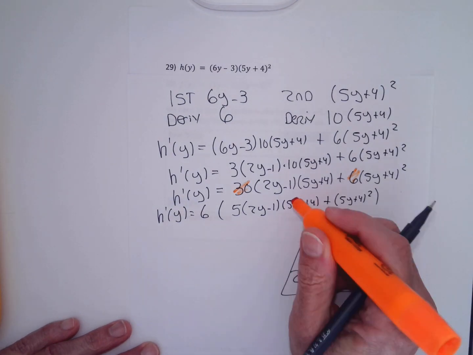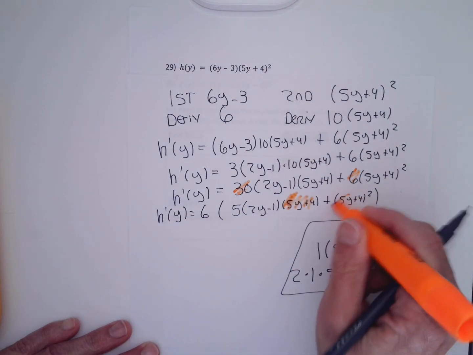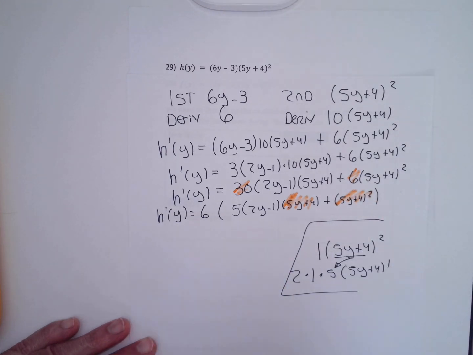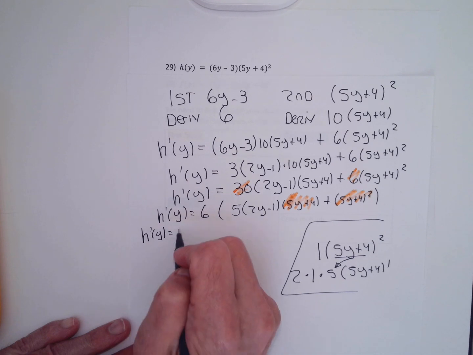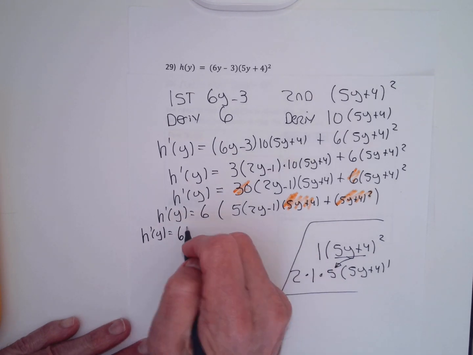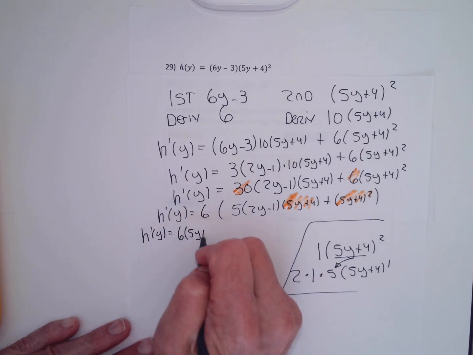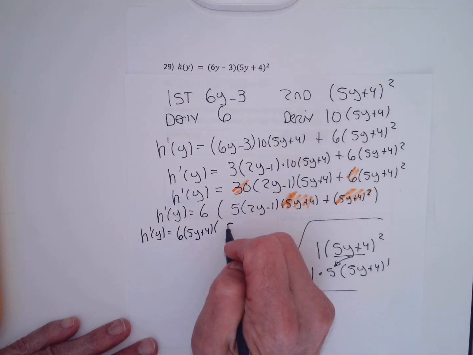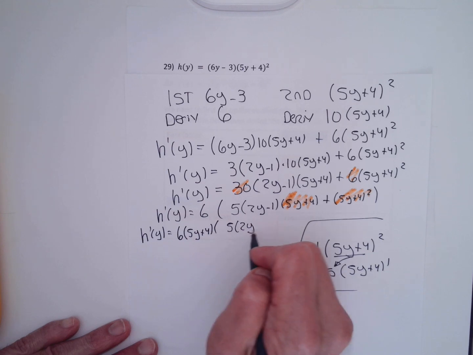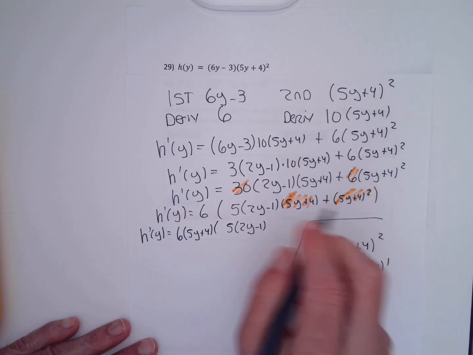Now I'm going to pull out the common factor of 5y plus 4 to the first power. So I'm going to write my derivative as the first common factor 6 times the next common factor (5y plus 4) times, here I'm left with 5 times (2y minus 1), and here I'm left with 5y plus 4.